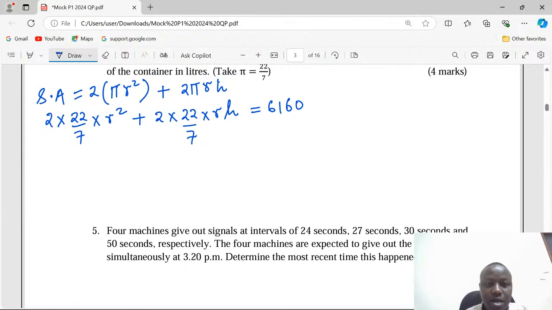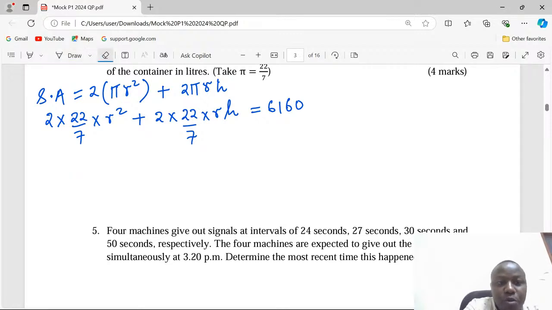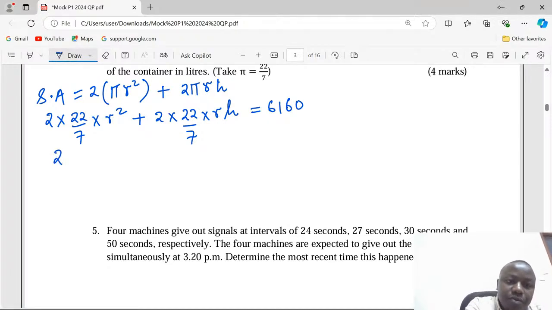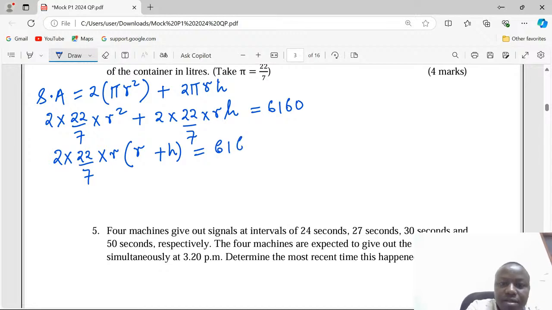When you look at this, you discover that we can factorize what is common, and what is common is 2 pi r. So 2 by 22 over 7 by r can be factorized, so that in the brackets we remain with r plus h. This is equivalent to 6160.